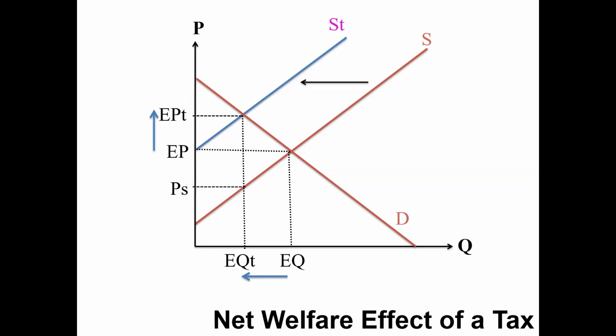Then mark the price received by seller, PS. The PS is here when you come down this line. You can see the line crosses the previous supply curve at this point. That is where we take PS.